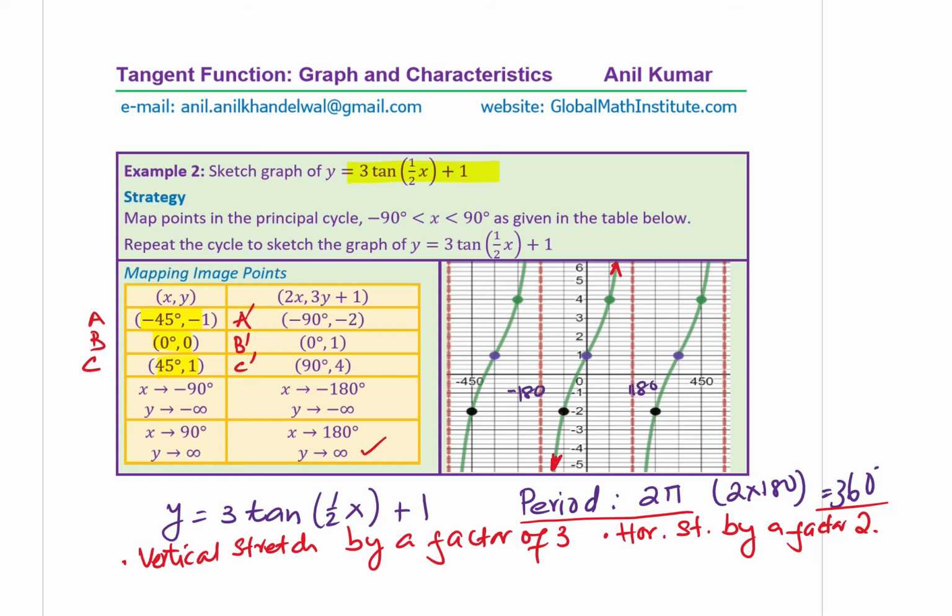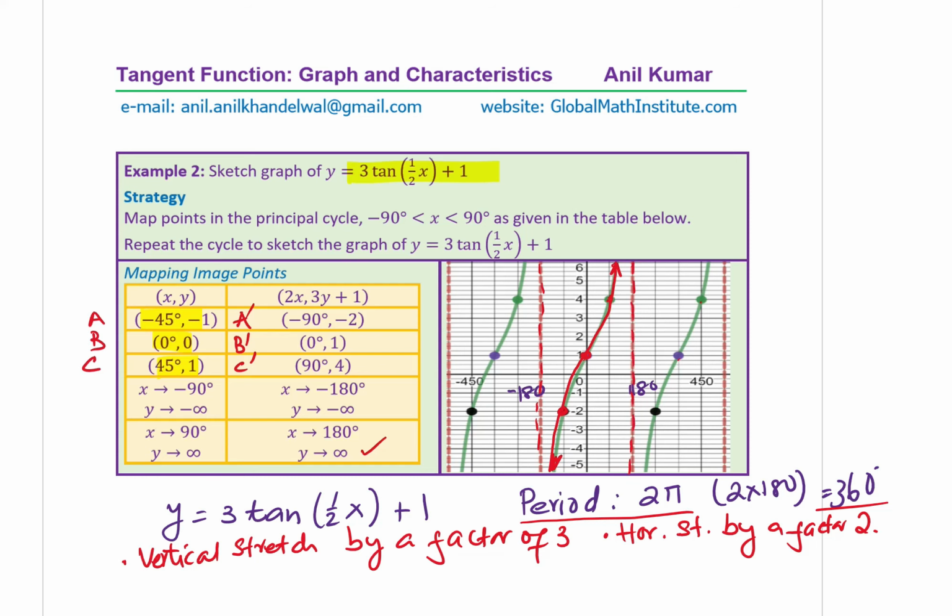Plotting these 3 points as shown here gives us the position. So for the principal part, we'll plot the points, right? Once you plot these points, then connect them as shown here, clearly indicating that there are vertical asymptotes at minus 180 as drawn here, correct? And the graph approaching minus infinity on the left side, positive infinity on the right side.